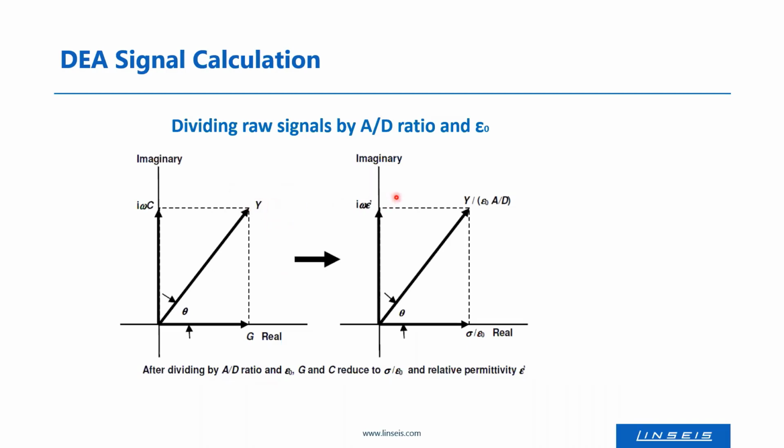Then in the next step of the calculation, you divide the capacitance and the conductivity by the AD ratio and the permittivity of vacuum. And then you get the figures which you need at the end. And this is the conductivity and the permittivity.